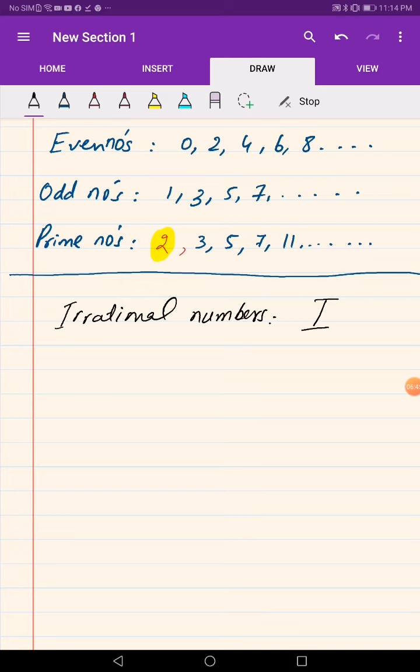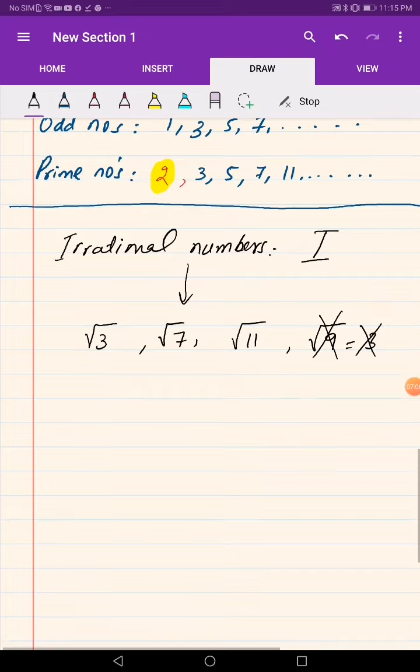The most famous irrational numbers are numbers under the radical, the square root, but they shouldn't be a perfect square: square root of 3, square root of 7, square root of 11, but not square root of 9, because square root of 9 is equal to 3. So this is not the case.